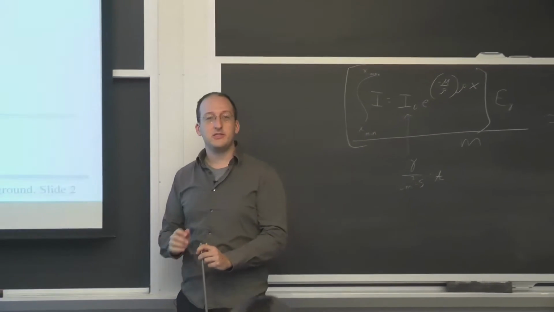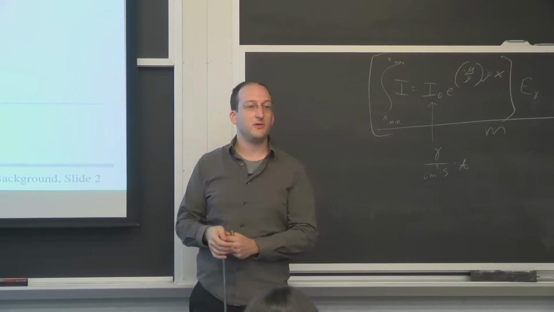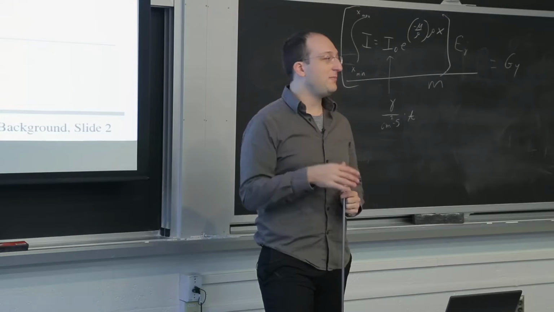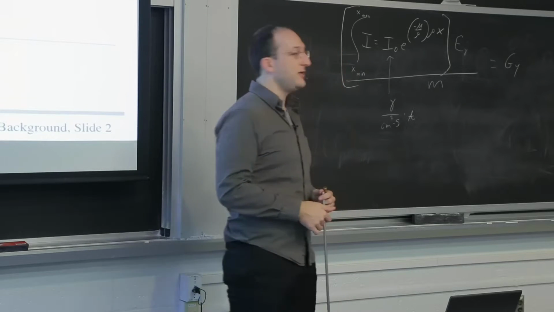So you can use all the old stuff from the previous parts of the course directly to calculate dose in gray. And this is the starting point for any calculation. If you don't know what tissue is exposed, what type of radiation provides what biological effectiveness, it doesn't matter. You just start here.